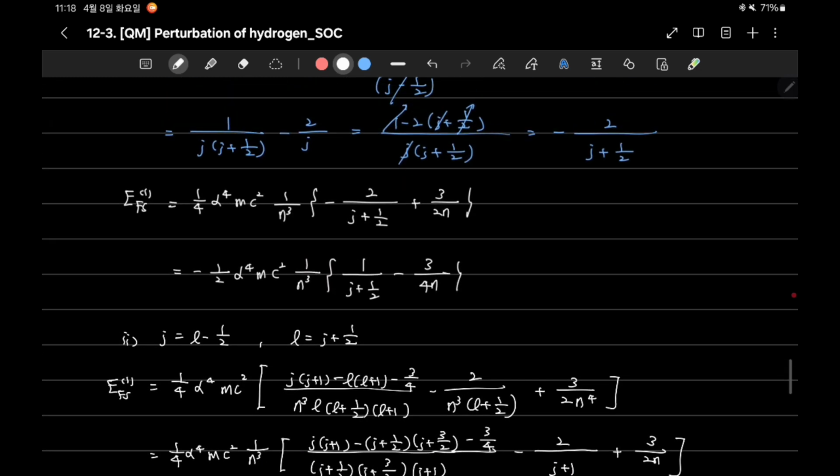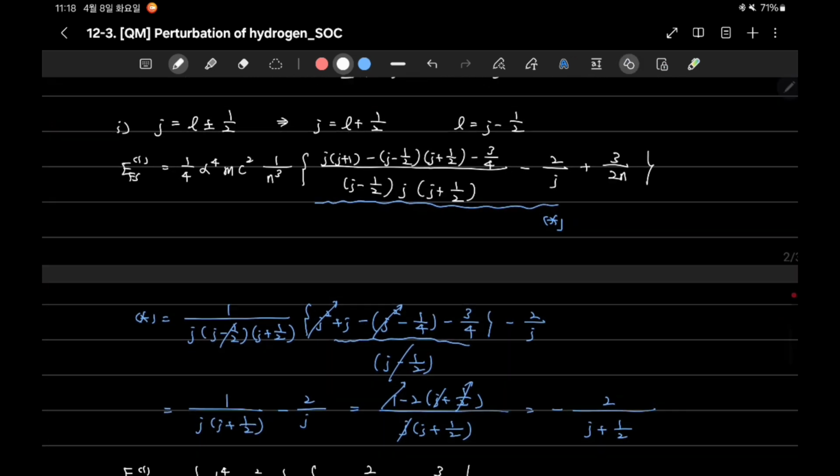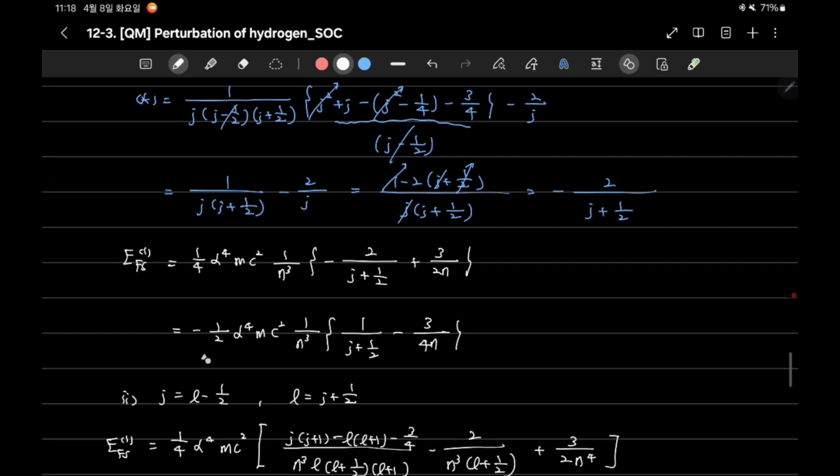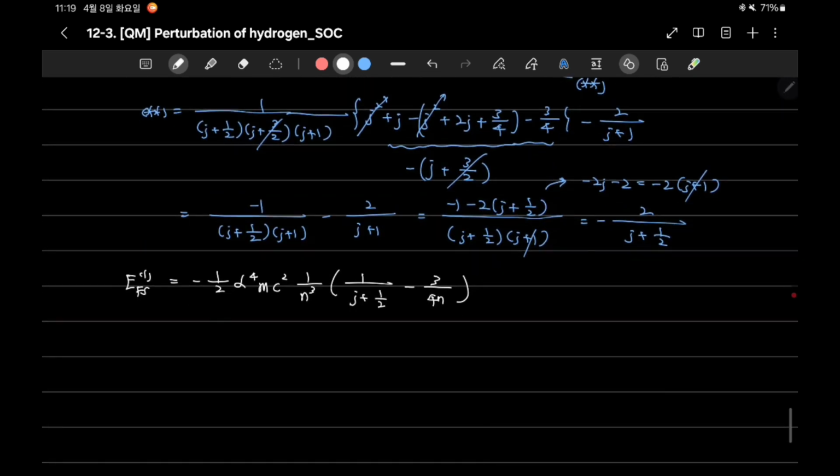This result is the same as the j equal to L plus 1 half case, because this result and this result are identical.